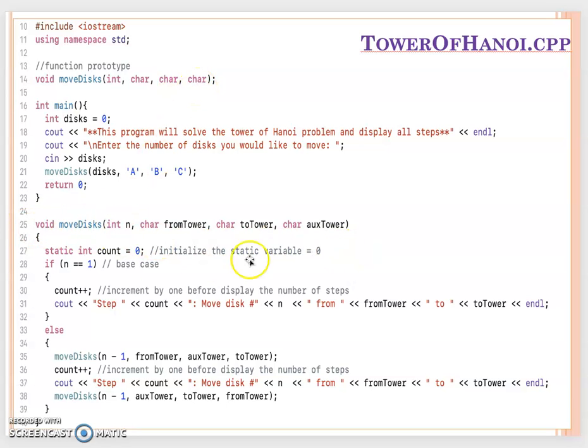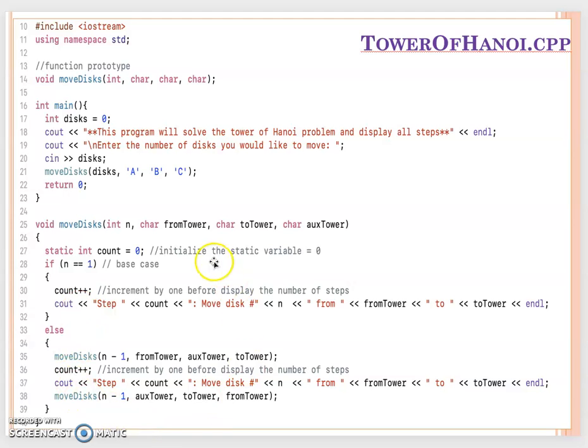This is the recursive function we showed you earlier. You have the if-else statement to display how to move the disk. Otherwise, you do the recursion function call and move the last disk, the bottom disk. Then you call the recursion function again.